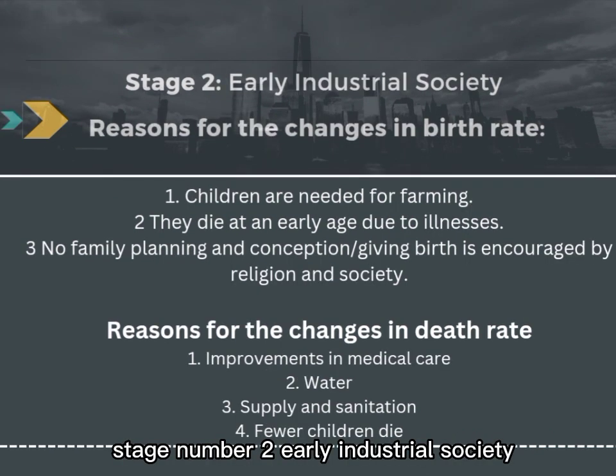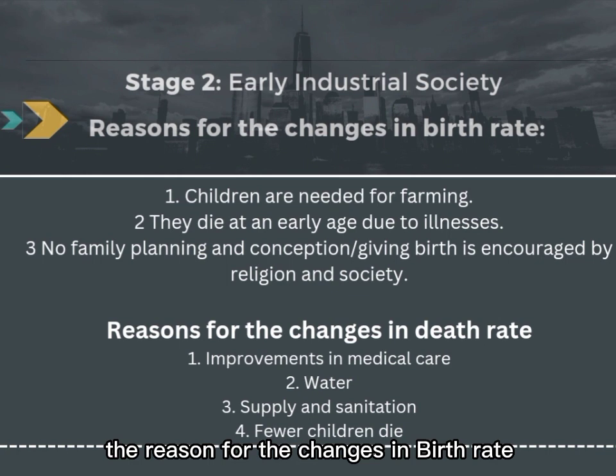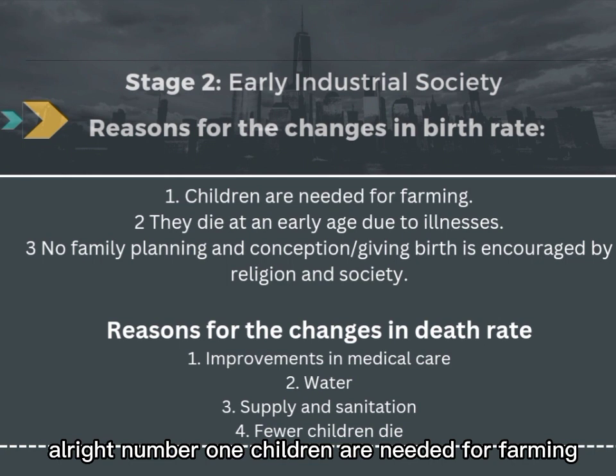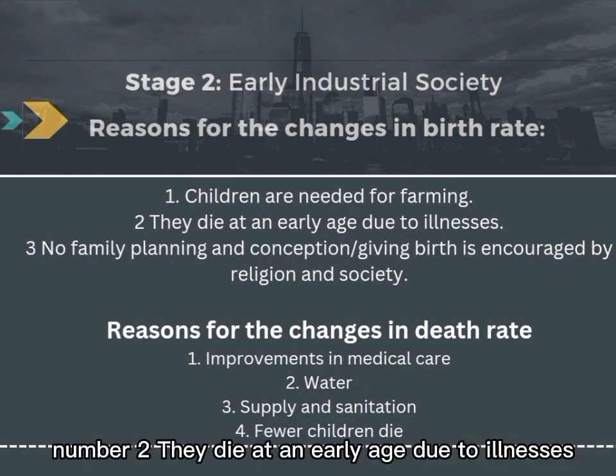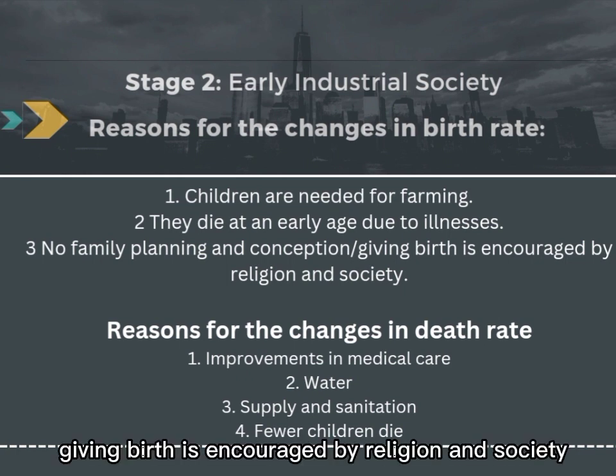Stage number 2, early industrial society: high birth rates, falling death rate, high population growth. The reasons for the changes in birth rate: number 1, children are needed for farming; number 2, they die at an early age due to illnesses; number 3, no family planning, and giving birth is encouraged by religion and society.